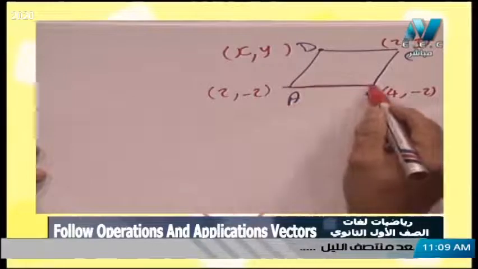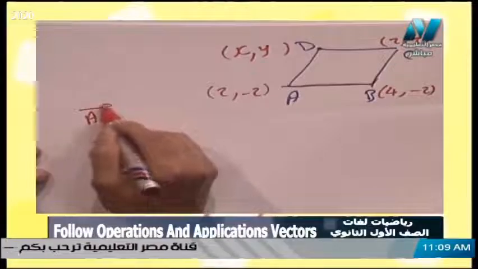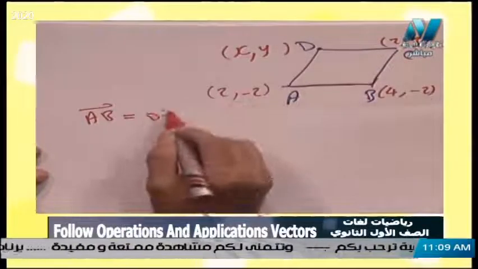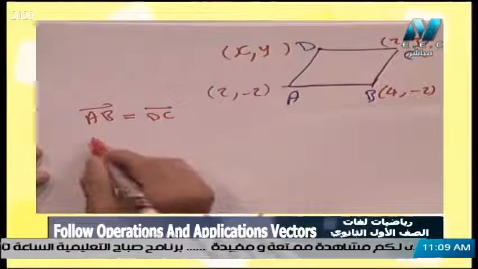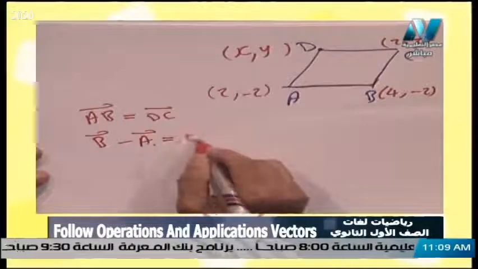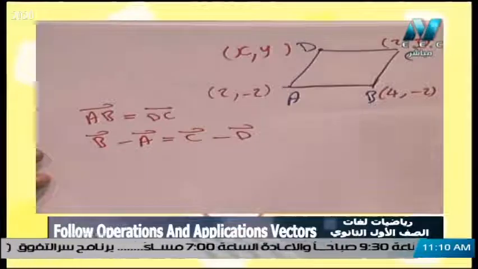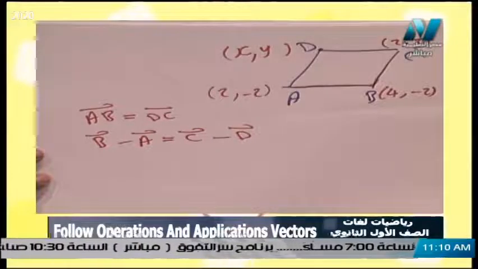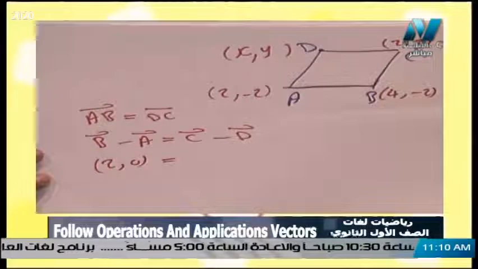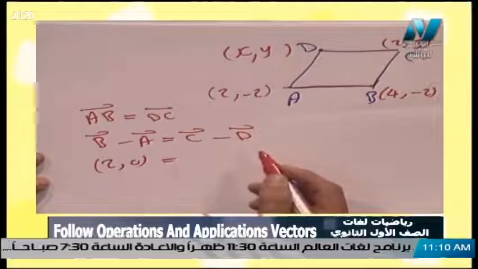Since ABCD is a parallelogram, of course the vector AB equals the vector DC, and of course the vector B minus A equals the vector C minus D. The vector B minus A equals 2 and 0, and the vector C minus D equals 2 and 0.